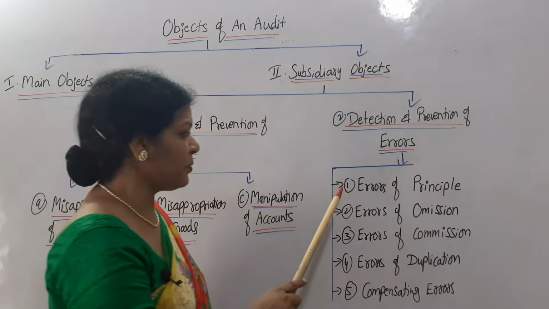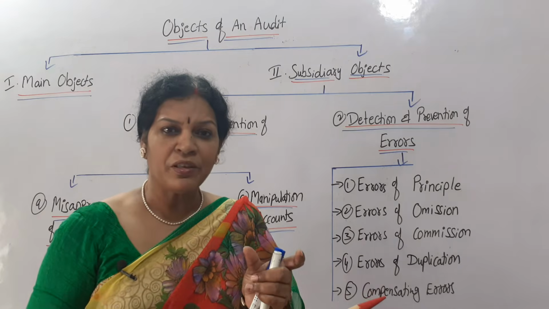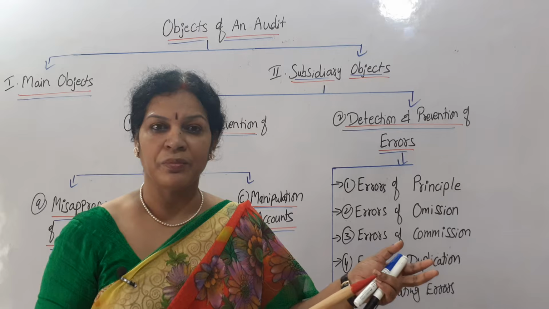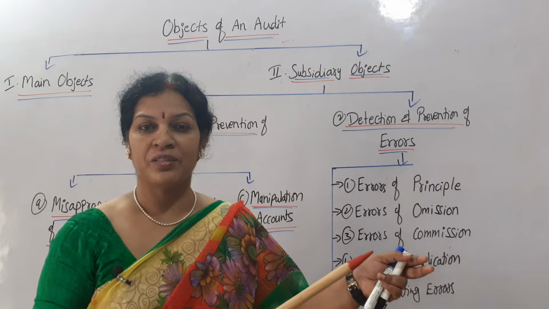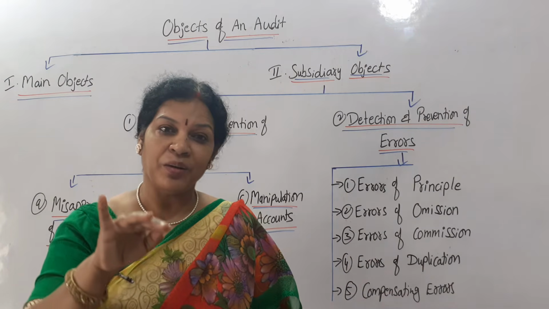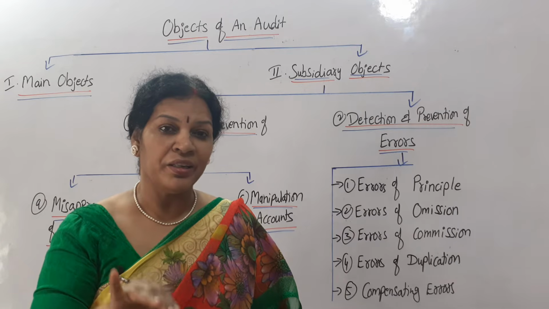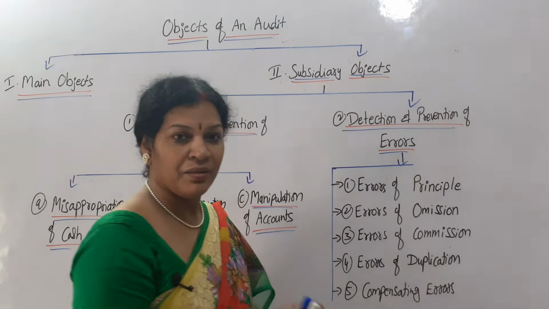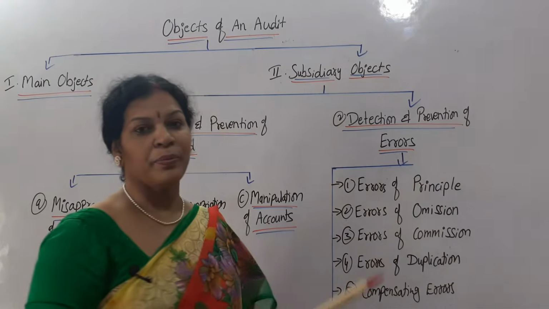What type of errors? First one is errors of principle. When the principles of accounting like bookkeeping, the double entry system, or following the journal entries and ledger accounts, these basic principles, if the accountant is not following them, if the accountant made some mistake at the principle level, meaning the basic principles of accounting, then it is called an error of principle.